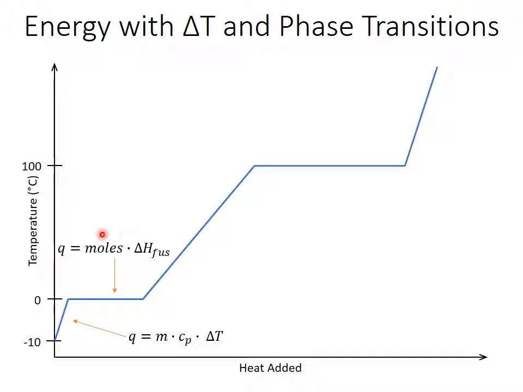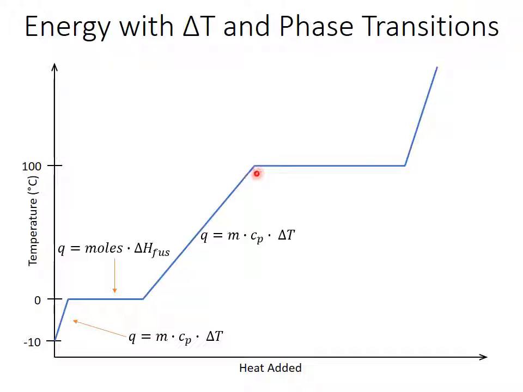In this case, it's going to be the moles of the ice times the heat of fusion, because this is a transition between solid and liquid. Once all of the water is liquid, we're going to be able to change the temperature again. The water is going to heat up, which is another Q equals M Cp delta T process, except this time that specific heat is going to be for liquid water specifically.